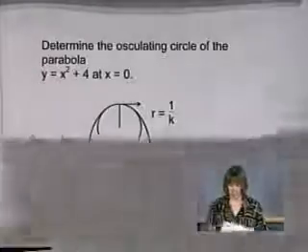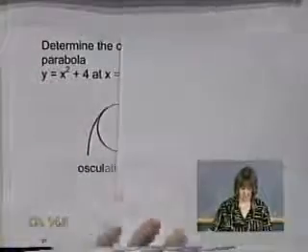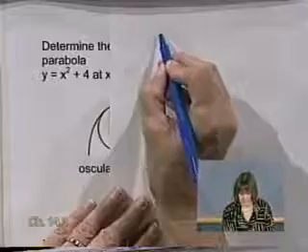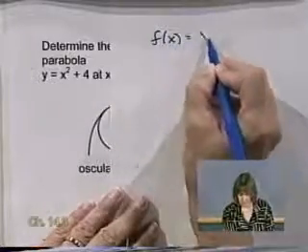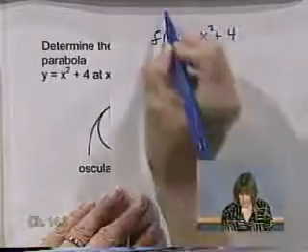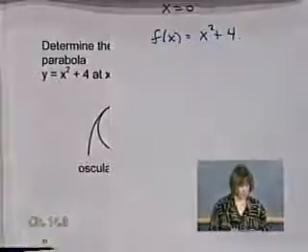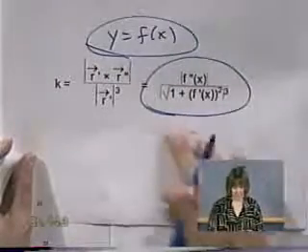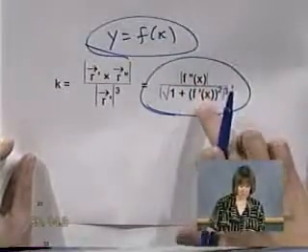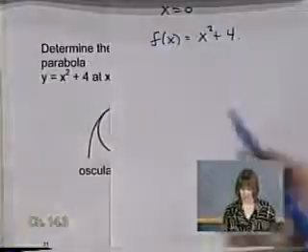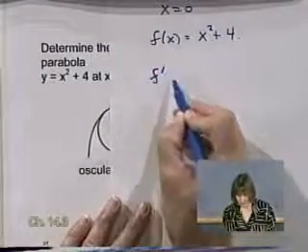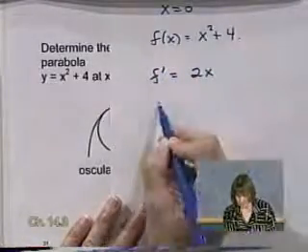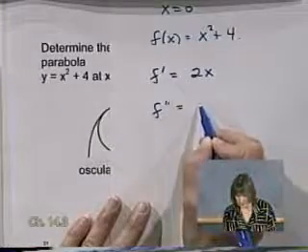Since this is in the form f of x equals x squared plus 4, and we want to do it at x equals 0, first I want to determine the curvature. In this case, I'm going to use this formula right here. So I have to know what f double prime is and what f prime is. We can do that quite simply. f prime is equal to 2x, and f double prime is equal to 2.